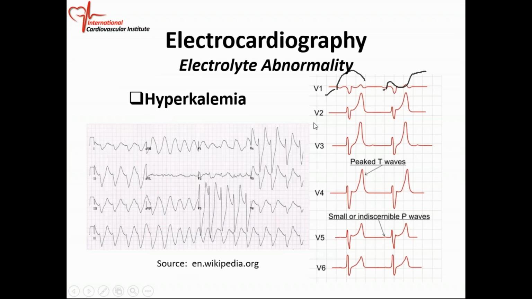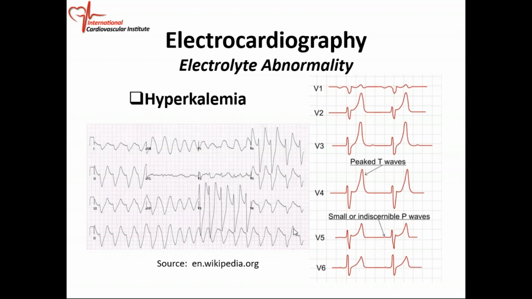So again, these are what we call peaked T waves. You can see, we don't usually see a T wave this big and peaked. Okay, so these are peaked T waves, and then you can see that the P waves sometimes get very tiny. Sometimes the P wave disappears. So if the potassium is high enough, the P wave disappears.